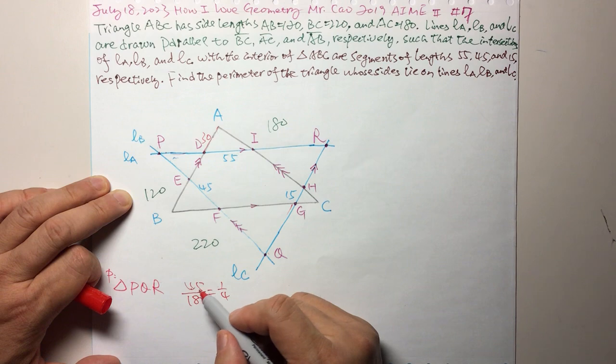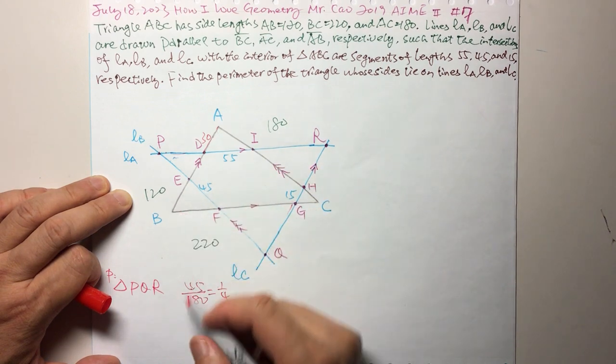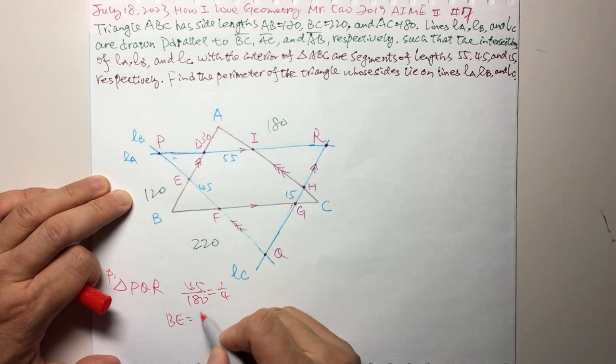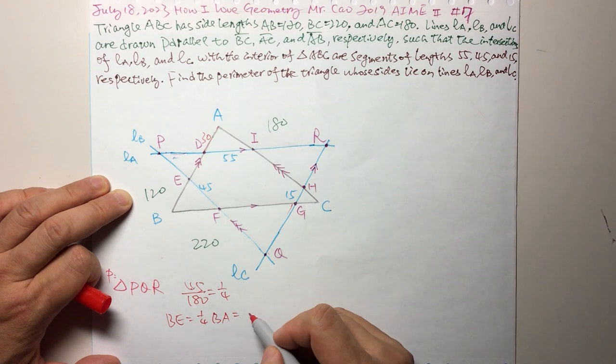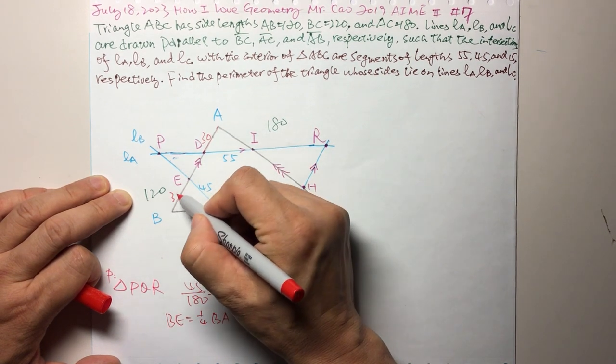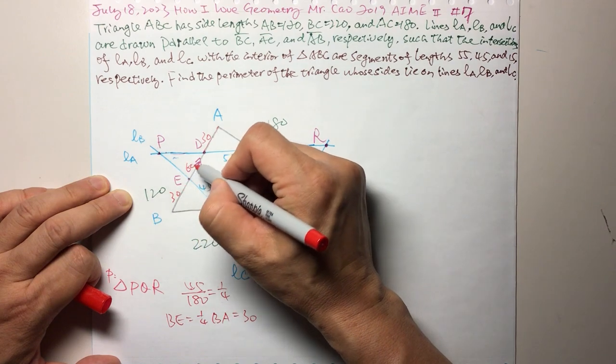So BE is 1/4 of BA, so it's also 30. So this is 30, and this is 60.